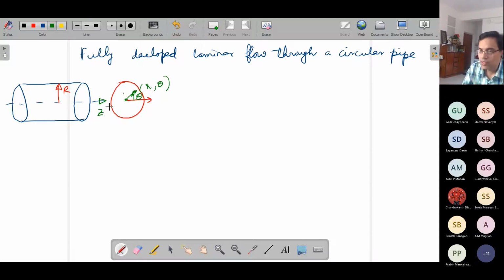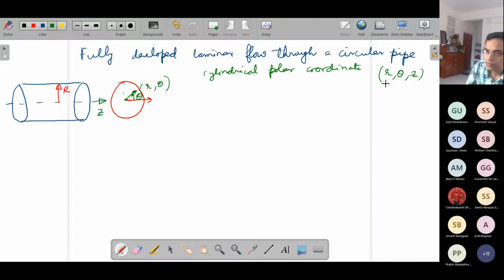So because of the natural geometry of the problem, the only change from what we have discussed so far concerning the solution of similar physical problems is that we will use the cylindrical polar coordinate system. So cylindrical polar coordinate means we will use this r, theta, z instead of x, y, z.